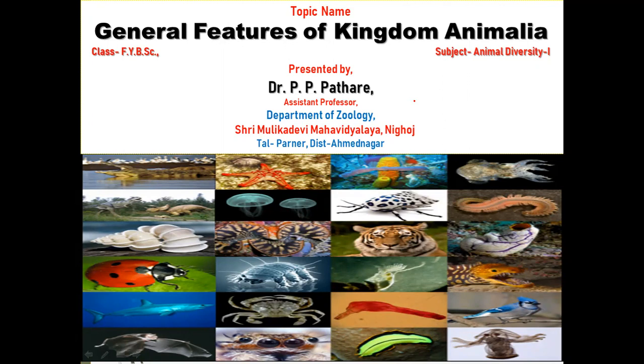In the previous video lecture, we started chapter number two, that is, to study the general features of kingdom Animalia. We studied some important aspects of external features of kingdom Animalia, for example, the size of animals, shape of animals, habitat of animals, symmetry of animals, then segmentation of animals.